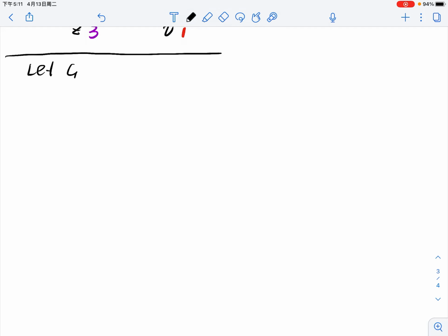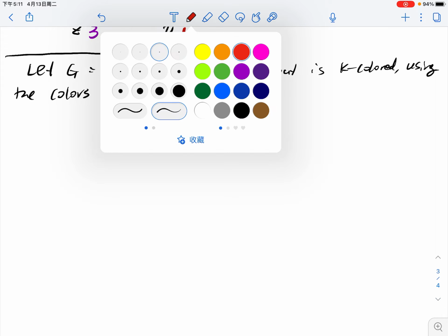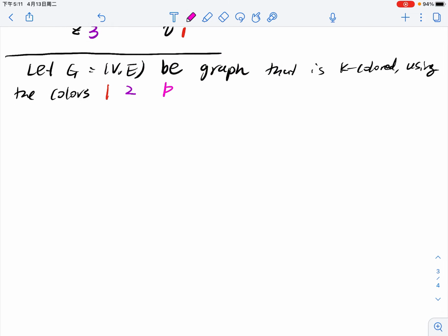And actually for k coloring, we can view it as a partition in the following sense. Let G be a graph that is k colored using the colors 1, 2, 3 all the way to k.